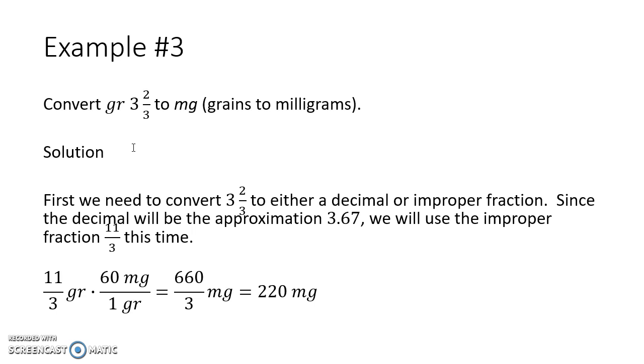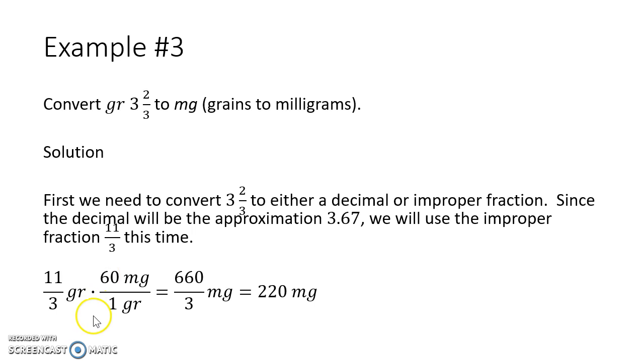So in this case, I'd probably feel more comfortable, especially since we're talking about medications or drugs, that we get an exact conversion. So I'm going to multiply that 3 by this 3 here, add 2, which gives me 11, put that all over our denominator of 3 to convert that to our improper fraction.